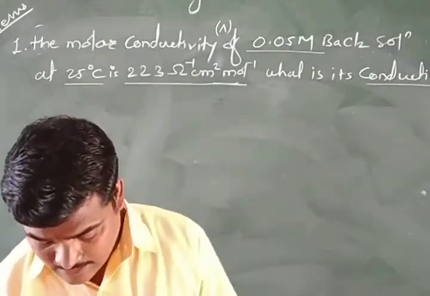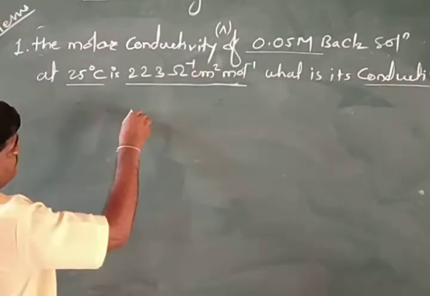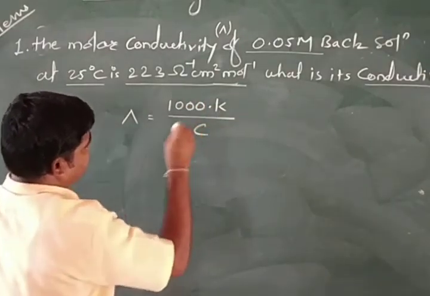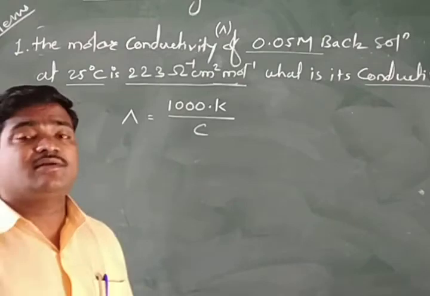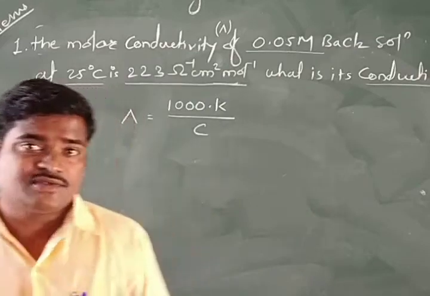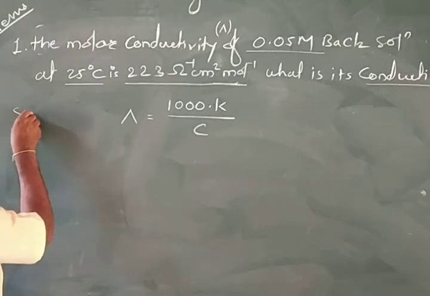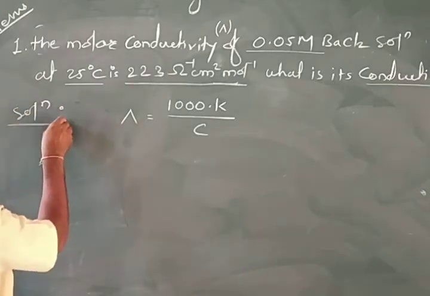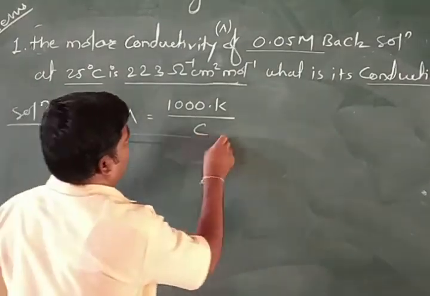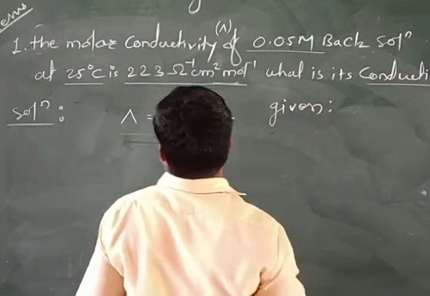Now students, that formula we have to write here. Lambda is equal to 1000 into K divided by C. This is the relation between conductivity and molar conductivity. By using this formula we have to solve this problem. Now the solution we are going to see. By looking at the formula we have to write what is given, that is, the given quantities.